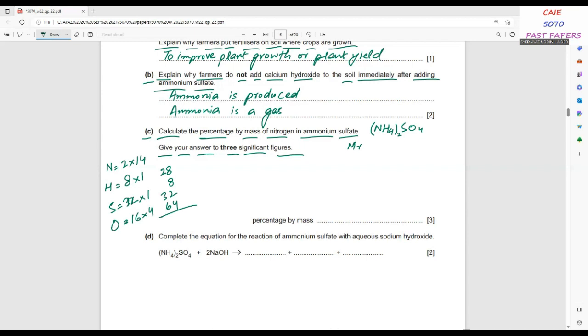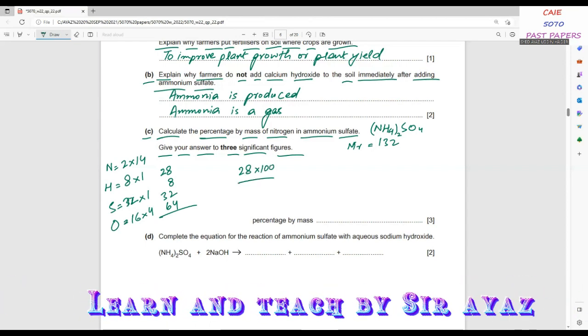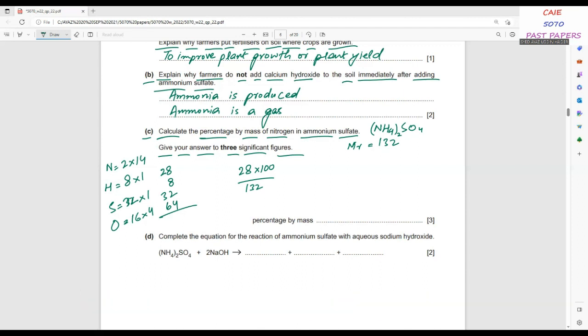So Mr will be 132. Now we want to calculate the percentage by mass of nitrogen in this. There are 2 atoms of nitrogen, so the mass of nitrogen is 28. So 28 multiplied by 100 divided by 132, the answer will be 21.212.